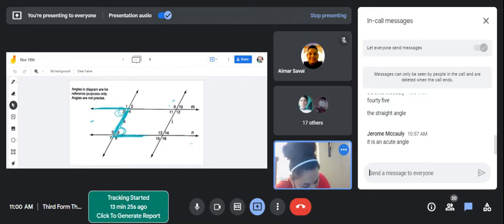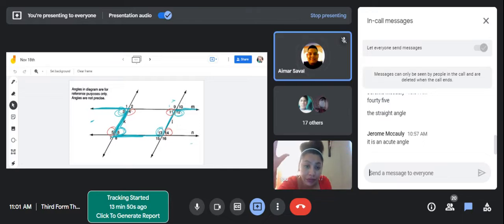When you have 12 and 13, 12 and 13 are going to be the same thing. And you can have other ones. 11 and 14 are going to measure the same thing. 4 and 5 are going to measure the same thing because they are alternating angles. Yes? Everybody sees that?